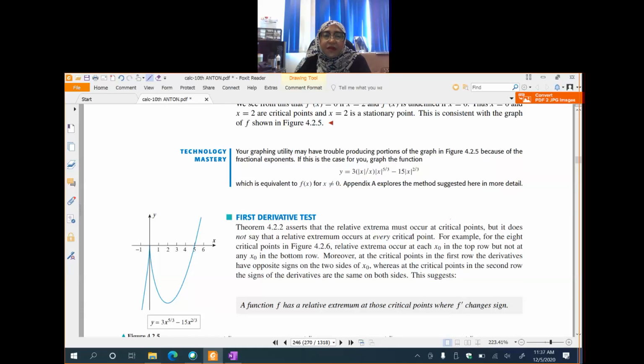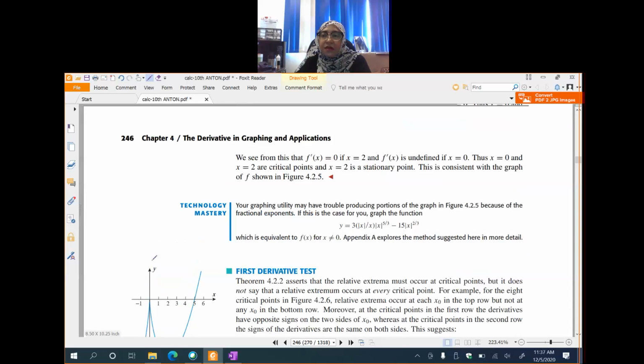Okay, so this is the graph for the function. If you look at the graph, there's one stationary point as expected, which is at x equal to 2. Another critical point is at the corner point. So this is a corner point.